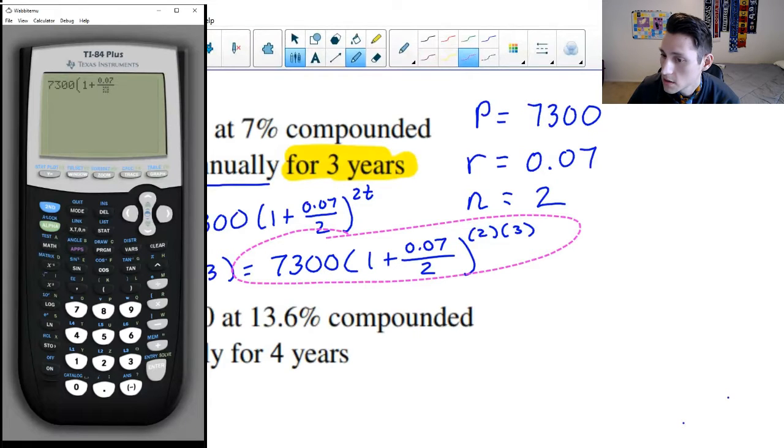So 0.07 divided by 2, parentheses, to the power of 2 times 3, which I know is 6. All right, so this is what I'm saying. We want all this typed in one line together. Okay, don't be hitting enter a lot. You should only have to hit enter once for these problems.